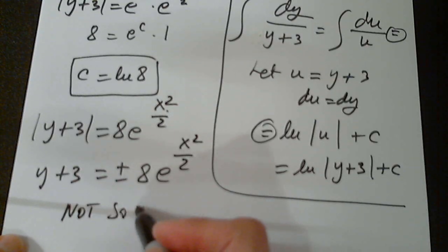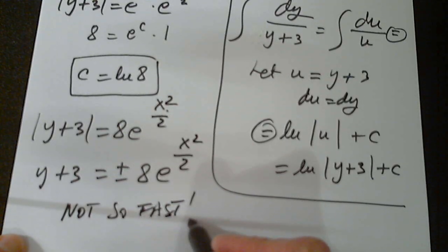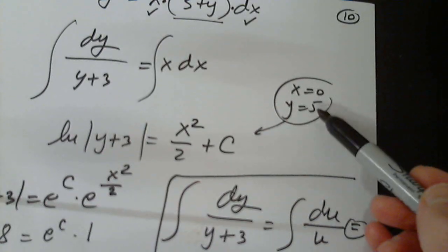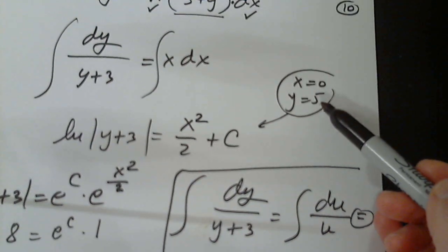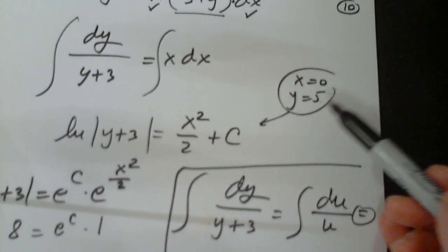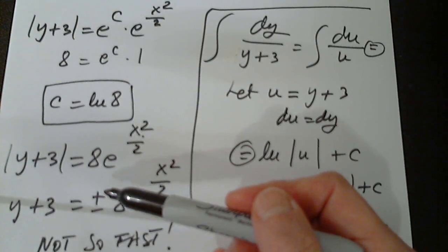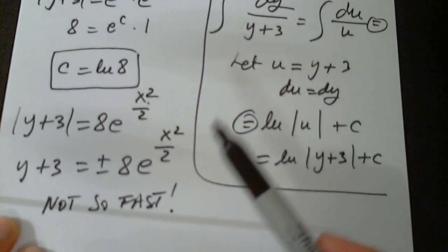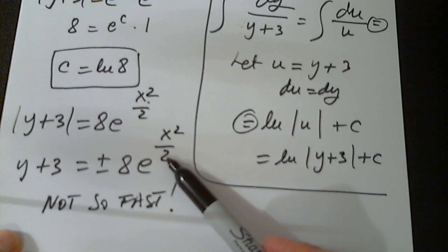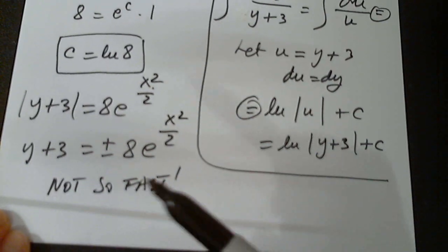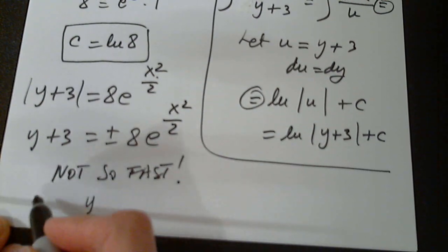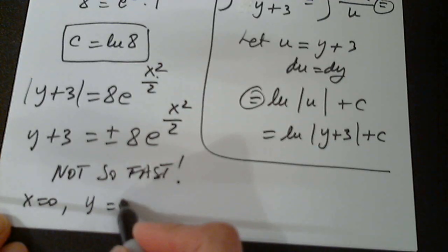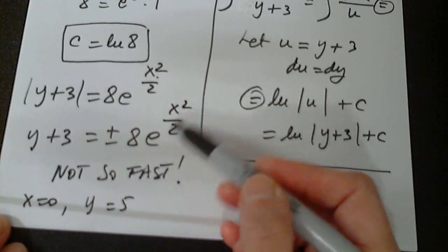Not so fast. Why? I have the initial condition that must work, and it will not work with plus or minus. So when x is 0, y is 5. When x is 0, this is 1.